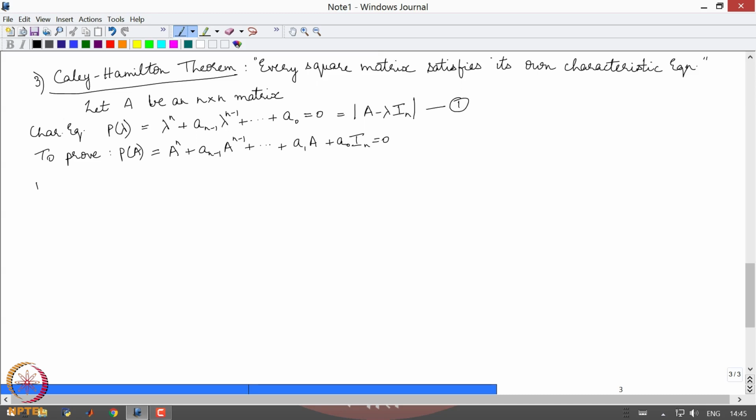So, the proof: we will actually take the adjoint of the matrix A minus lambda I n. So, this actually contains powers of lambda from 0 to n minus 1 and can be written as follows.